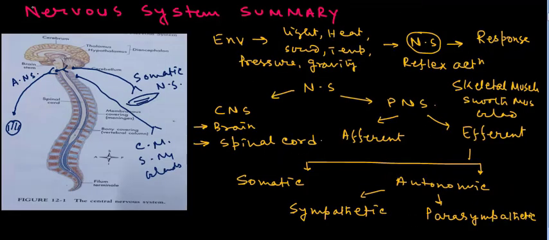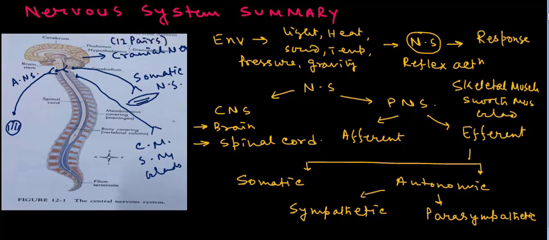And the peripheral nervous system forms different types of nerves, the nerves originating from our brain or the nerves originating from the spinal cord. The nerves which originate from the brain are called the cranial nerves, and there are 12 pairs of cranial nerves in the human body.